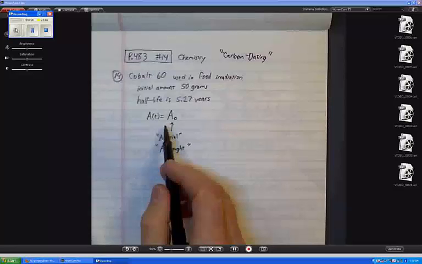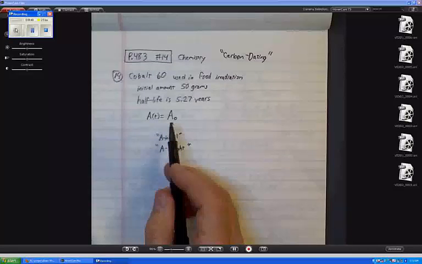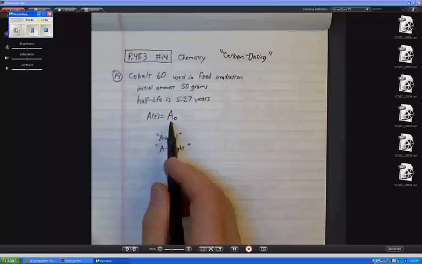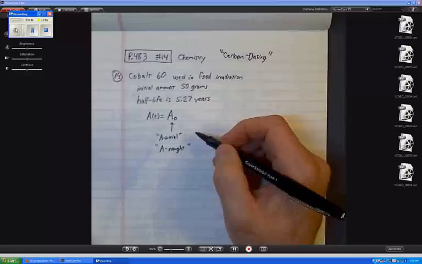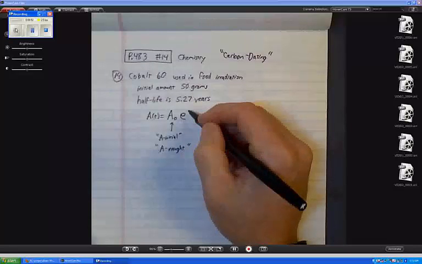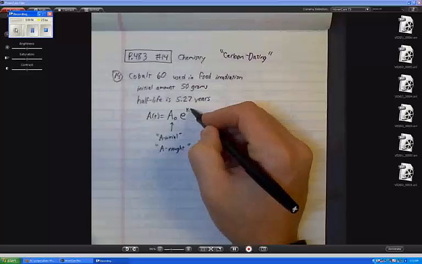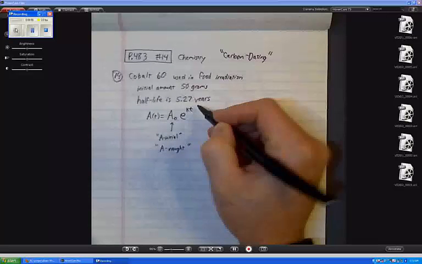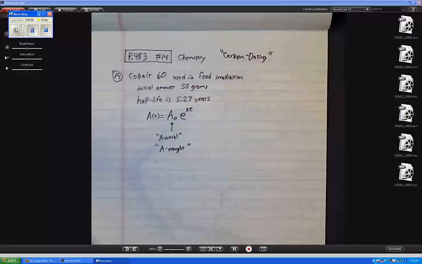But A initial, this is how much you start with. And so it says e to the kt. All right? That's the equation.